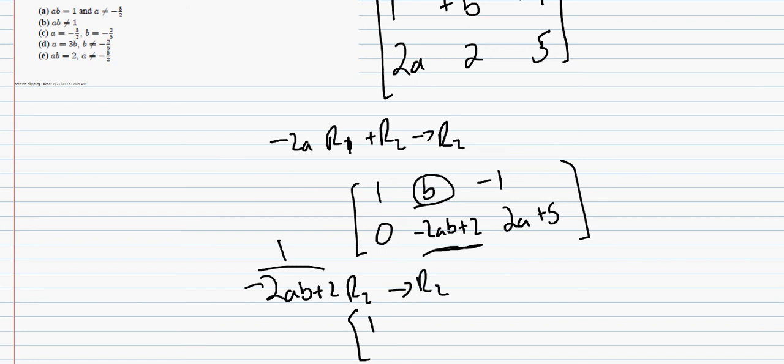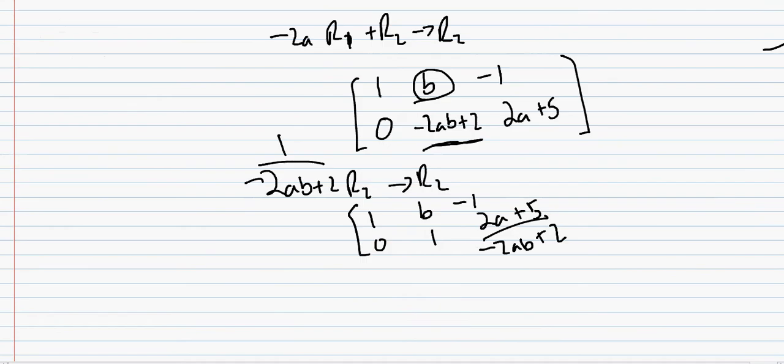So we actually get 1, B, negative 1, 0, 1, 2A plus 5 over negative 2AB plus 2. Okay, so we've gotten this far. We're almost done. Now we're going to do negative B times R2 plus R1, which is going to change R1.